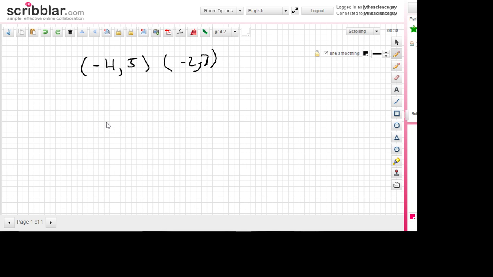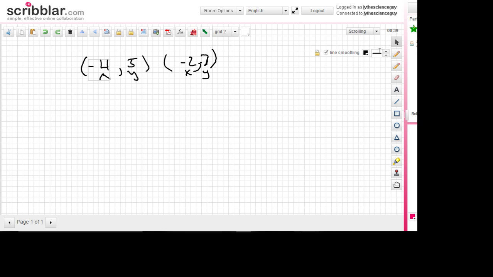This is an x. This is a y. This is an x. This is a y. So all I'm going to do is take this x value and put it underneath that y one. That's what the stacking part does.